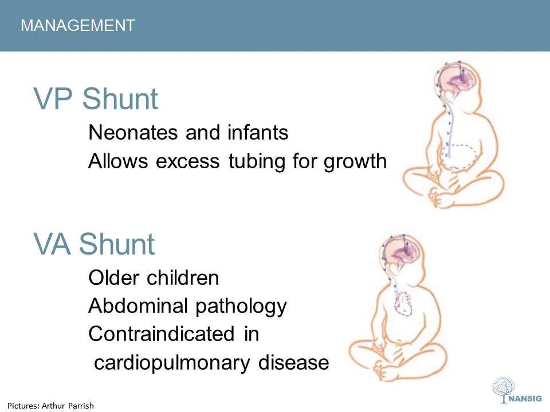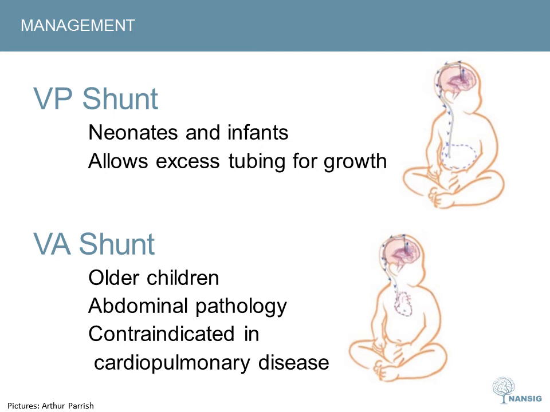The two most common types of shunt used in hydrocephalus are the ventricular peritoneal, or VP shunt, and ventricular atrial, or VA shunt. The VP shunt diverts CSF from the ventricles to the peritoneal cavity. It's most commonly used in neonates and infants as it allows for excess tubing for growth.